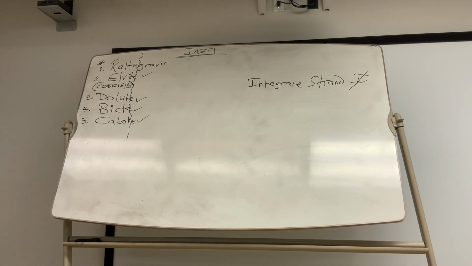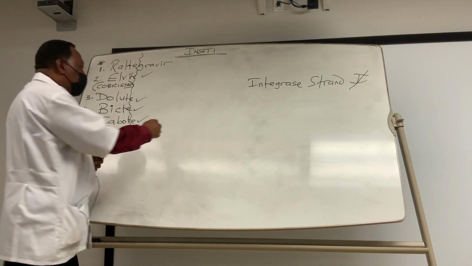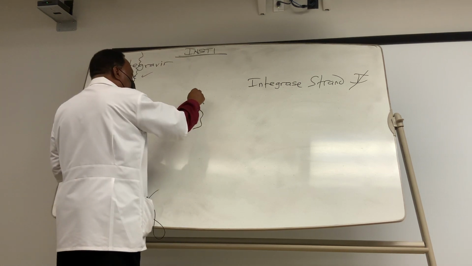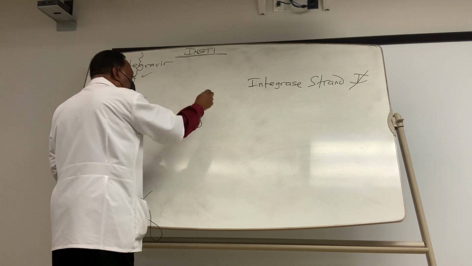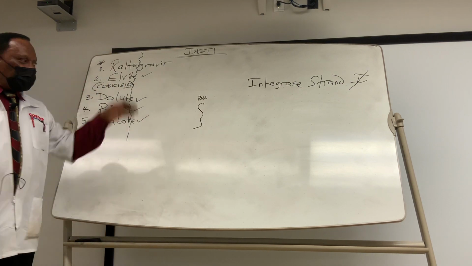When your HIV binds to the host cell membrane, and goes into the cell, and then uncoats, you have the genome of the virus that's now in the host cell. So you have the RNA from the virus that's now in the cytoplasm.